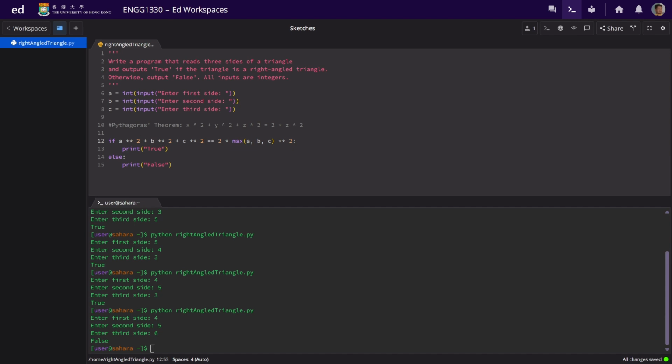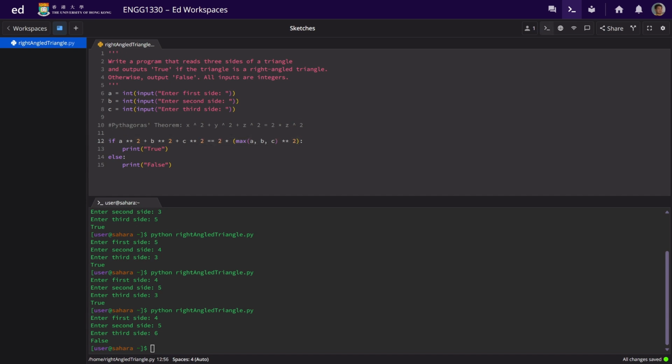So notice that Python would take this as higher priority. So like we naturally calculated, and this would be calculated first, and afterwards it would be times 2. However, if you feel that this expression is not clear enough, you could add brackets on your own. So this will make it clearer.